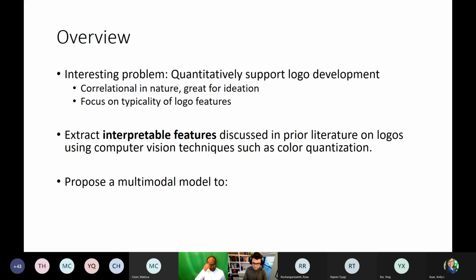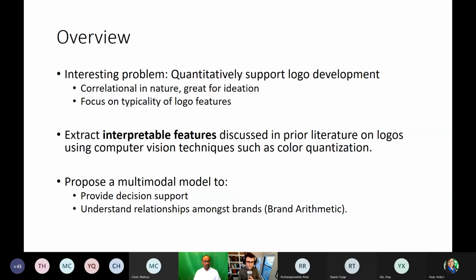And in the process, this paper proposes to introduce a multimodal model, which is another term for using a multi-domain or multi-data type model to provide decision support to managers, designers and researchers, as well as to understand relationships amongst brands. That's some of the brand arithmetic that Ryan just finished off at this point.